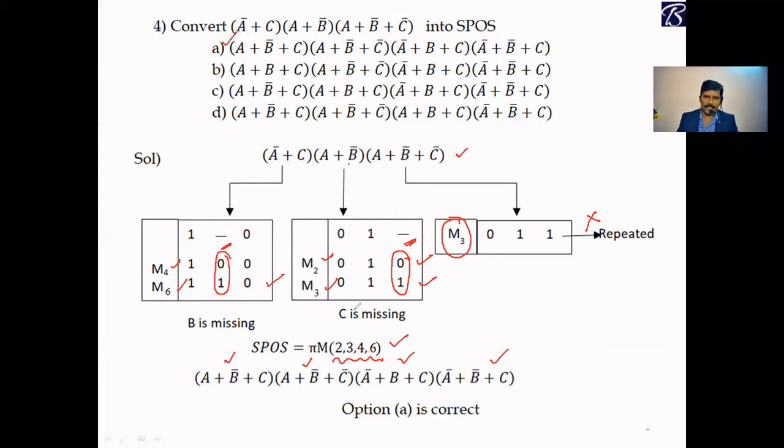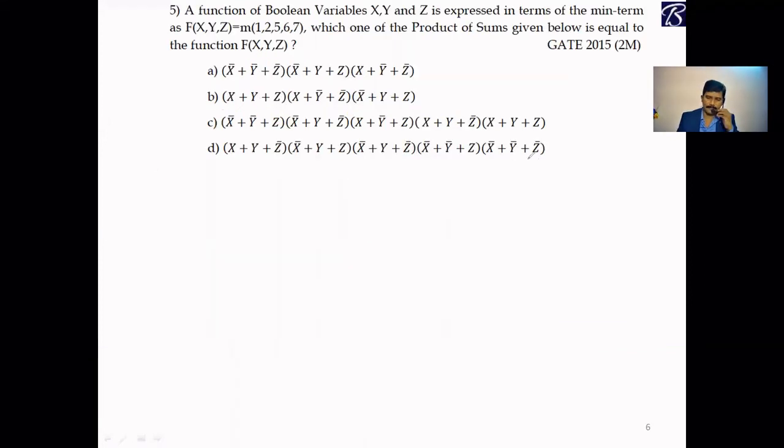In this way we can easily convert the given expression into standard POS. Observe this problem. This is asked in GATE 2015 for 2 marks. A function is given where 3 variables x, y, z are there. f of x, y, z equals m of 1 2 5 6 7 is given.